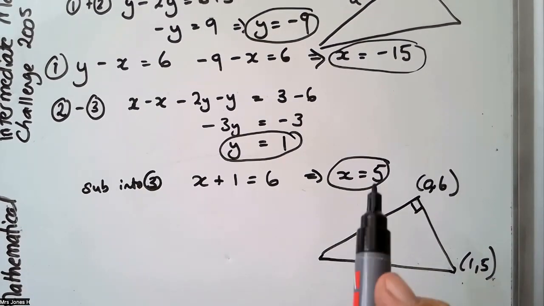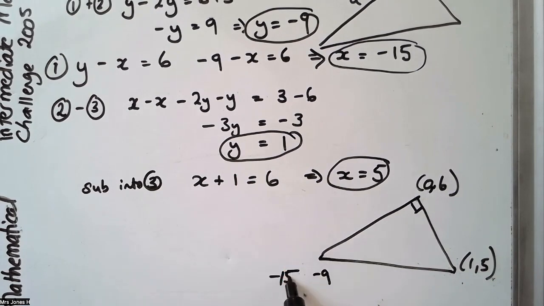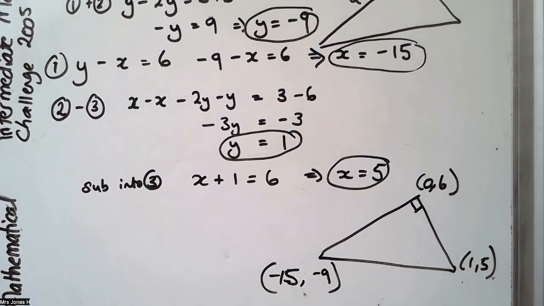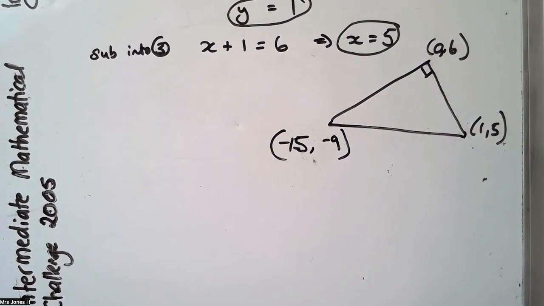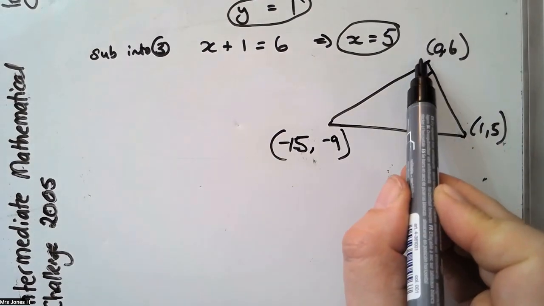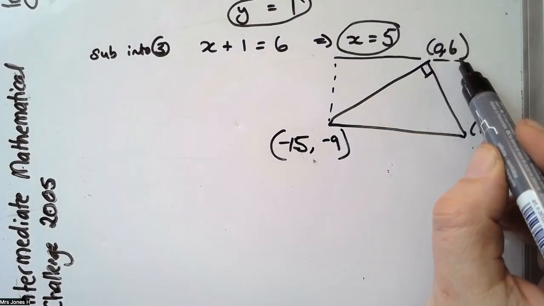And this intersect here is at y equals negative 9, x equals negative 15. What that means is that we can work out what this triangle is. So this triangle here and this triangle here.